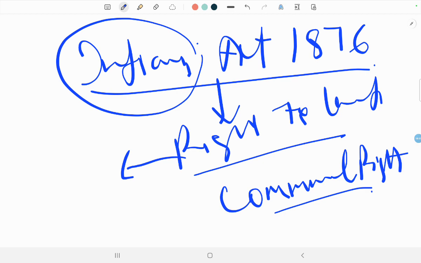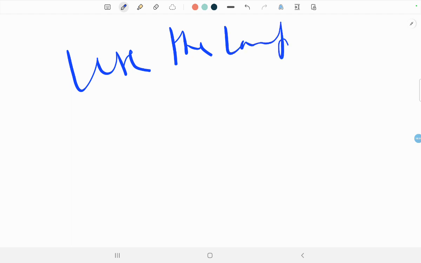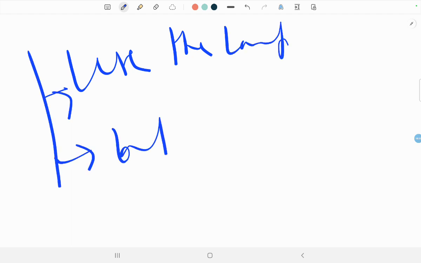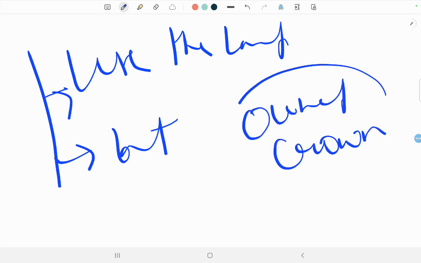Aboriginal people have the right to use the land. They can use the land, but technically it was owned by the Crown. It is the same as ancient Roman law, the right to use land which is owned by another.